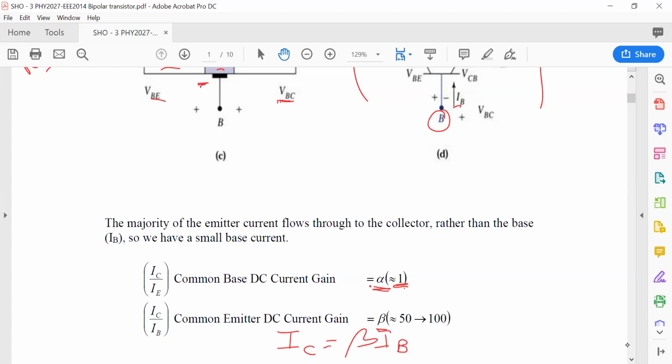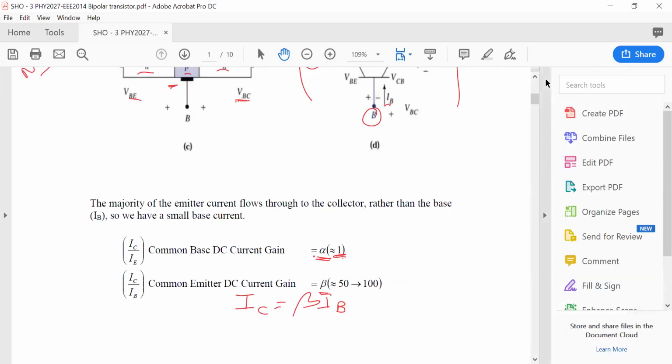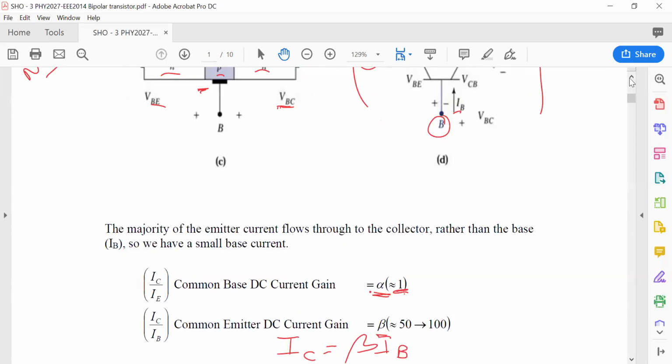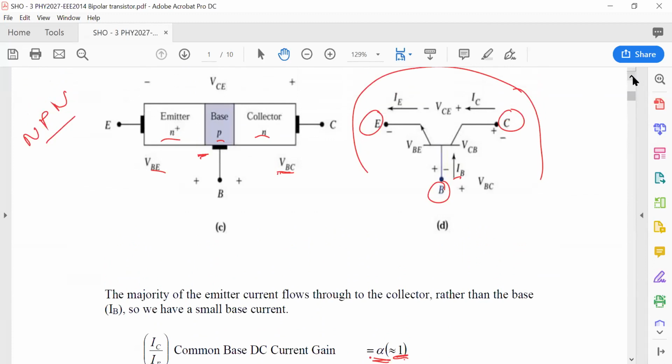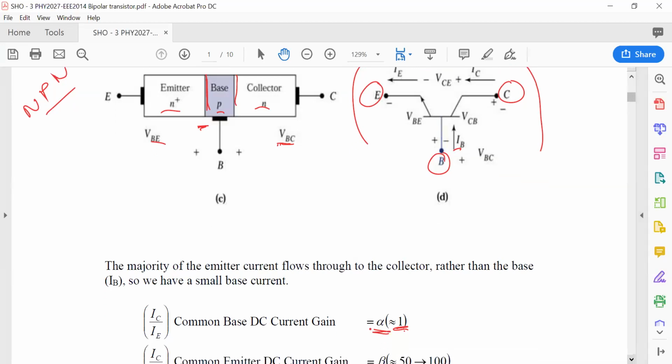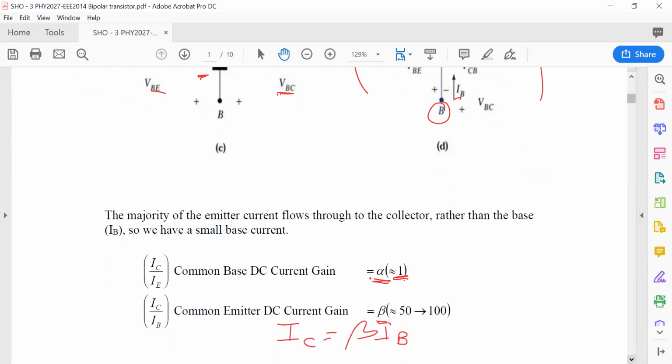We also need to think about the area of the junctions of these transistors. And what you will see in realistic transistors is that this first junction has a much smaller area compared with the second junction. And this is all about optimizing or maximizing the ability of the collector to trap and collect these electrons that are flowing through from that first junction.